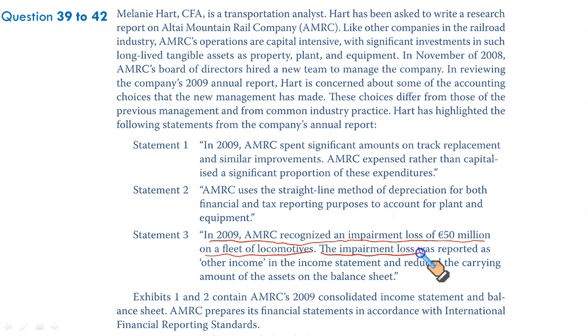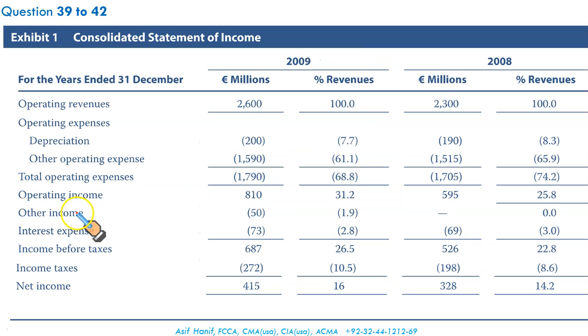The impairment loss was reported as other income, of course as a negative number, in the income statement and reduced the carrying amount of the assets on the balance sheet. So it was reported as other income, so it should be shown here as a negative. Okay.